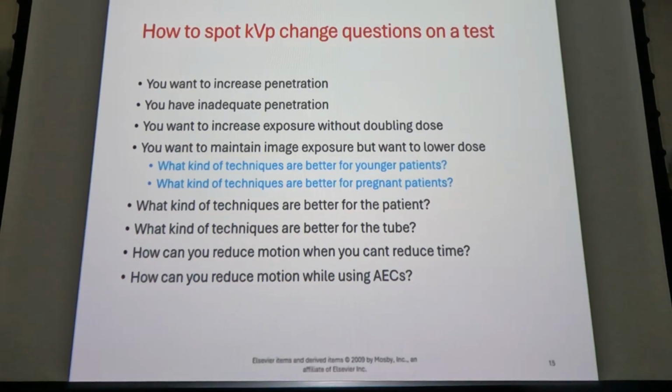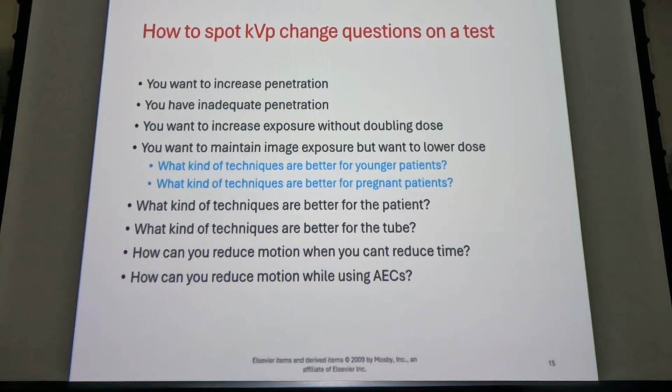So if the question asks you have too few photons penetrate through the patient, then that might be a mass question. But if it's just strictly penetration, the patient is underpenetrated or overpenetrated, then that's a KVP question.